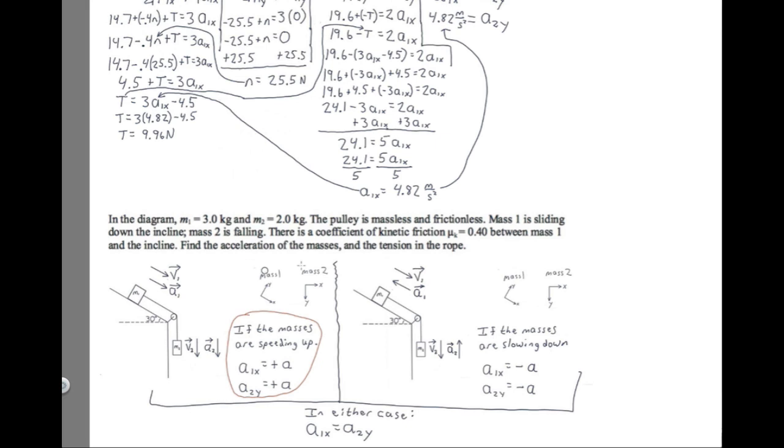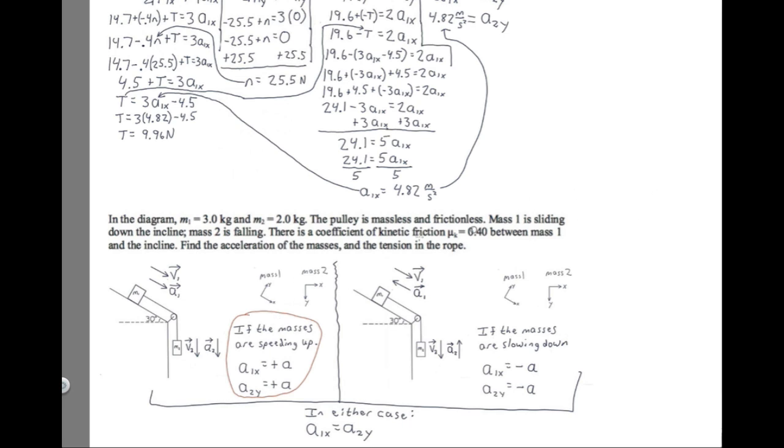Now, we mentioned earlier that it would have been theoretically possible, if there were a lot of friction, for the masses to be slowing down. If the incline has a lot of friction, it would have theoretically been possible for the masses to be slowing down, but it turned out that that was not the case here. Both acceleration components are positive, so in fact, they are both speeding up.